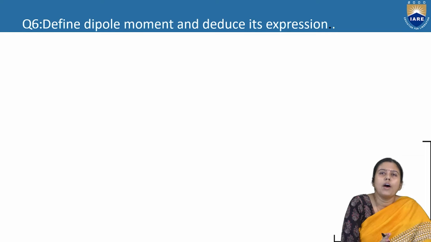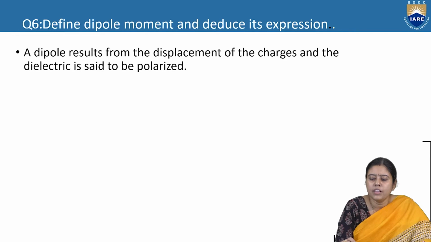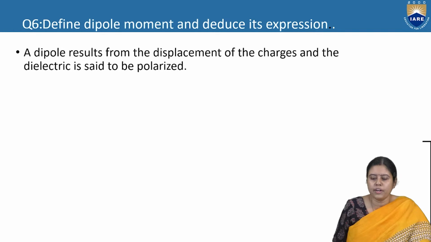Next, what is the dipole moment and deduce its expression. Already we know what a dipole is. The dipole results from the displacement of the charge and the dielectric is said to be polarized.